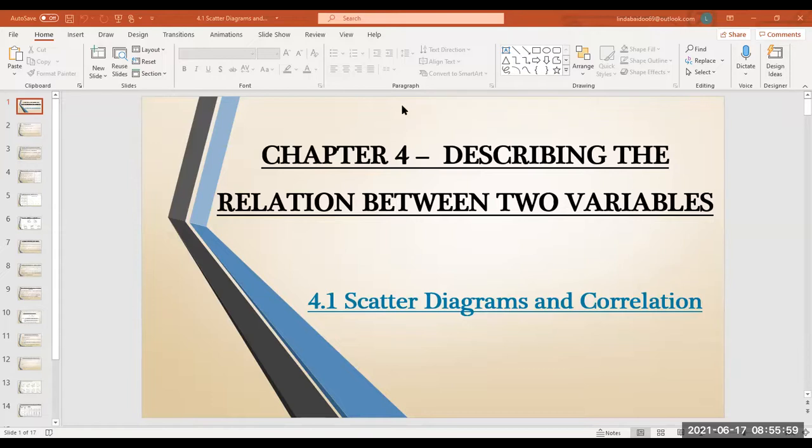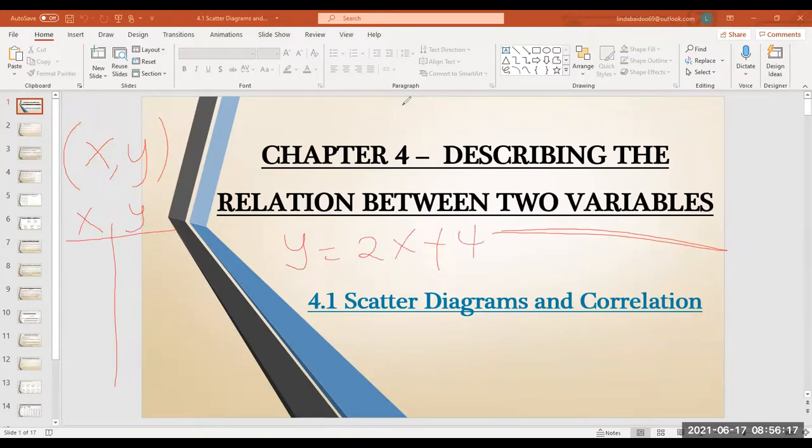And since it's two variables, it's similar to the things we learned in intermediate and elementary algebra. In elementary algebra, you have your x and y values, you draw your table, and this is your x, this is y. Assuming you were asked to draw the line y is equal to 2x plus 4, then you have to get your own x values, put them here. Based on the x values, you try and get your y values.